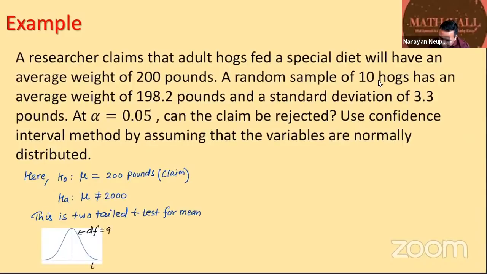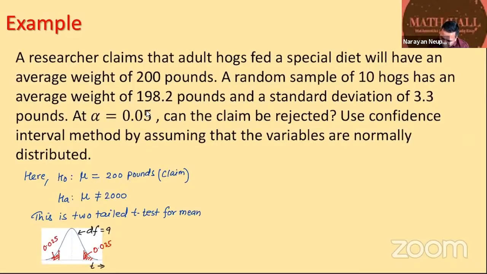Along the x-axis, we will have the t values. And because this is a two-tailed test, alpha equal to 0.05 is divided on two tails, so 2.5% each. If we want to label that, this one and this one are equal to 0.025.